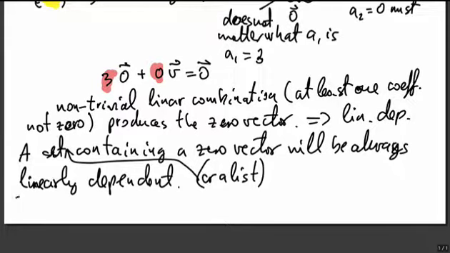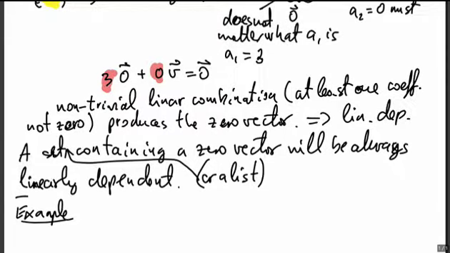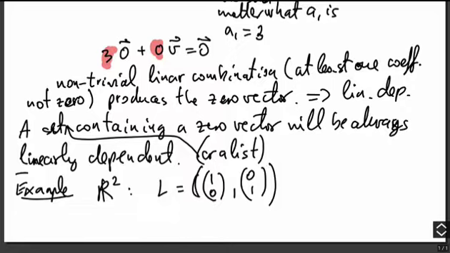Let's see another example now for R2 vectors. And let's look at the list that we looked at before, the 1, 0 vector and the 0, 1 vector. So the question is: is this linearly independent or dependent?